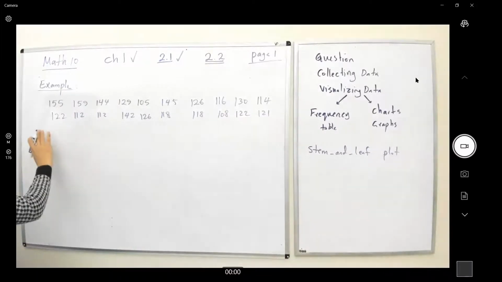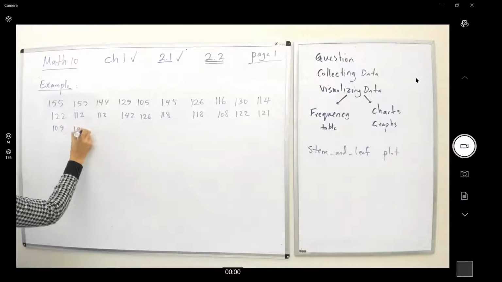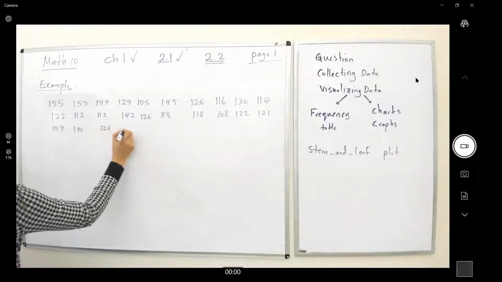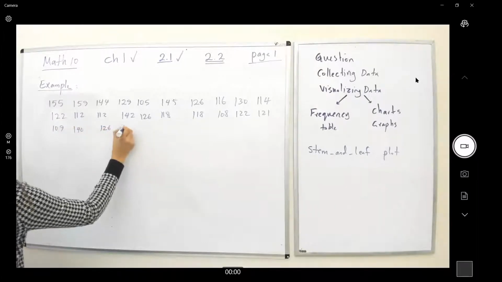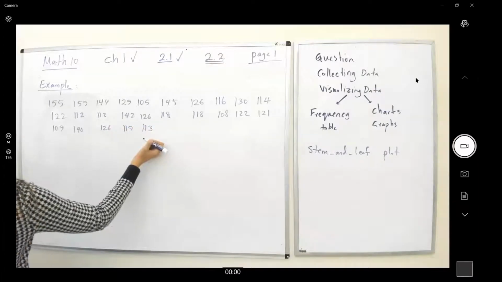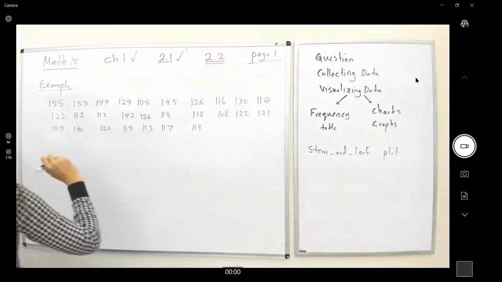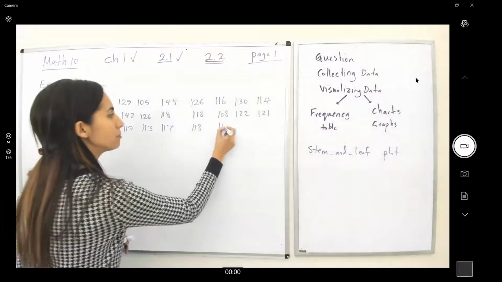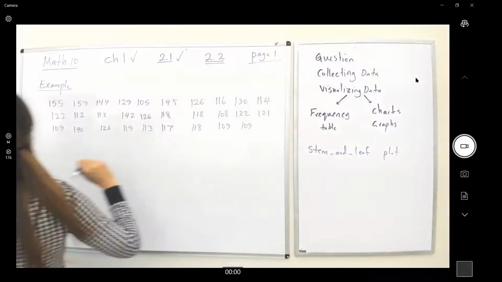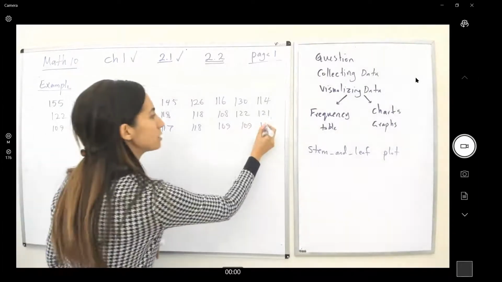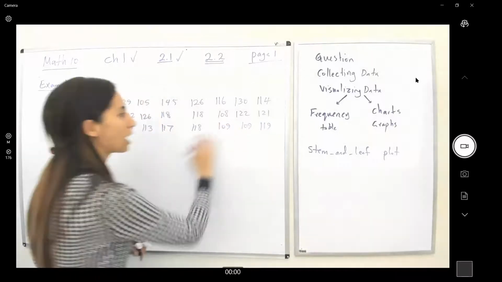Then you have on the third row 109, then 140, 126, 119, 113, 117, 118, 109, 109, and 119. So this is our third row.